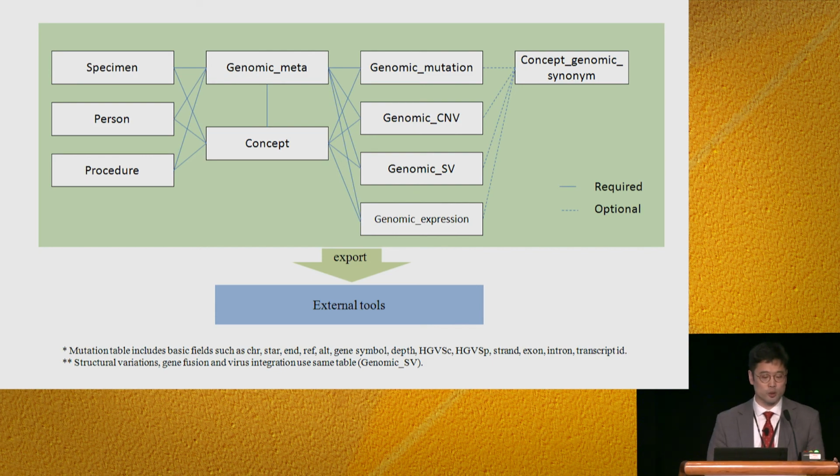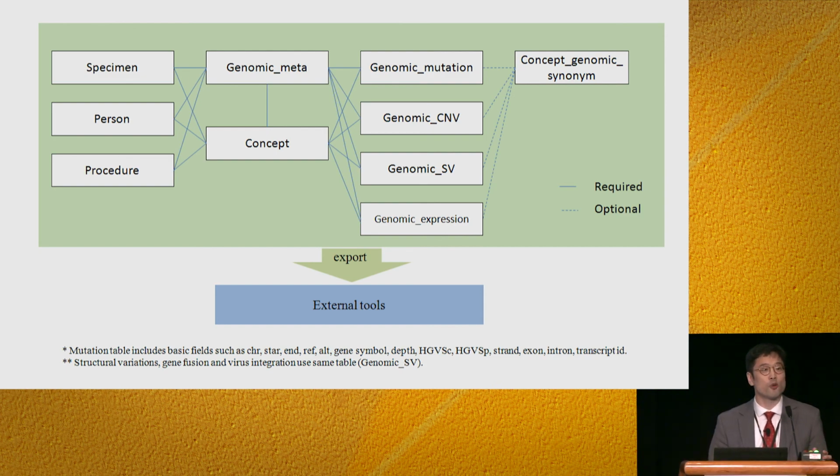Through the genomic meta table, we would put them into basically 4 tables. Single nucleotide variants or indels go in the mutational table. Copy number variations go in their own table. Translocations or fusion genes go in the structural variants. And for expression, RNA or protein immunohistochemistry data, we would put them all into the expression table.